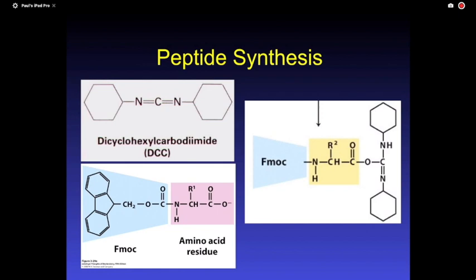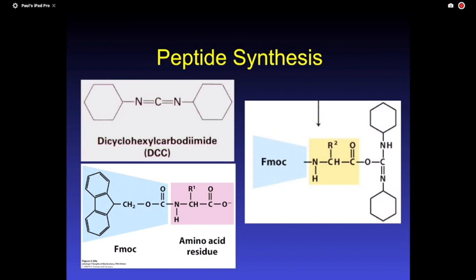To do this, we have to protect and activate the amino acid in a certain scheme so that the synthesis goes the way that we want. Our activating species is DCC, dicyclohexyl carbodiimide. You can read it. It's too early on Monday morning.